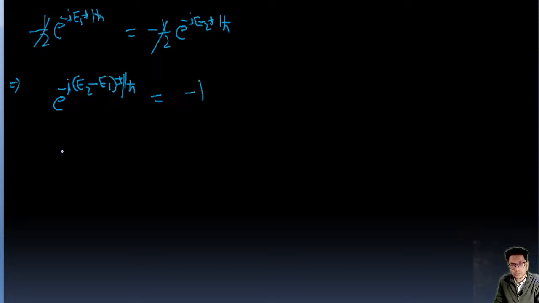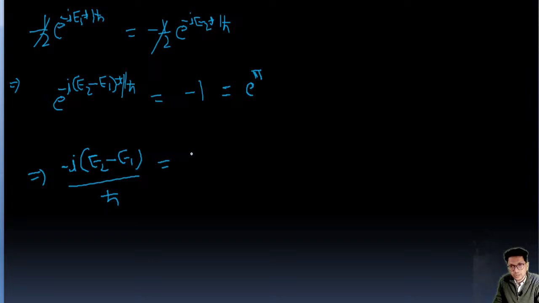Minus 1 we know the value, right? So it is going to be e to the power minus iota, and this value we know, right? This value is e to the power iota pi. So this implies minus iota e2 minus e1 upon h cut is going to be iota pi, right?